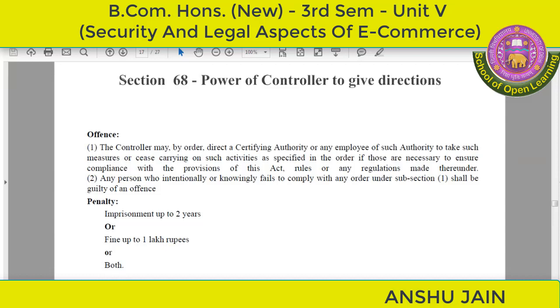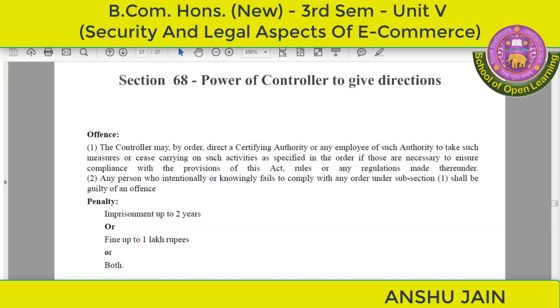Any person who intentionally or knowingly fails to comply with any order under subsection 1 shall be guilty of an offence, and the penalty will be imprisonment up to 2 years or a fine up to 1 lakh rupees, or both.